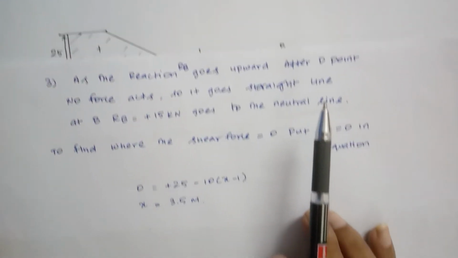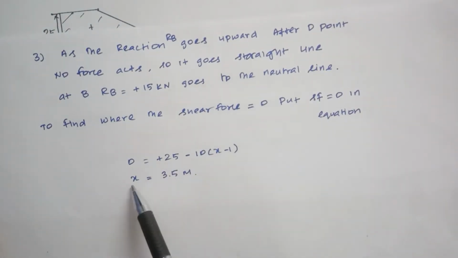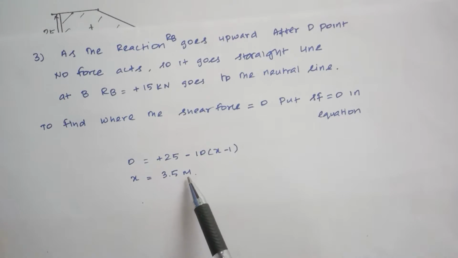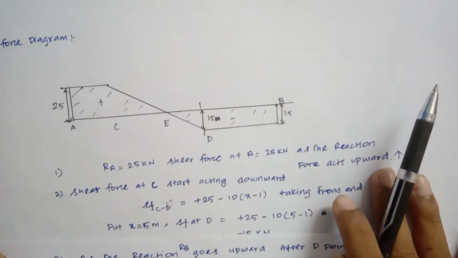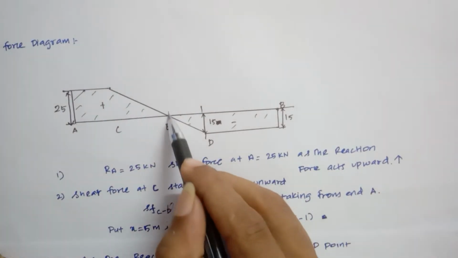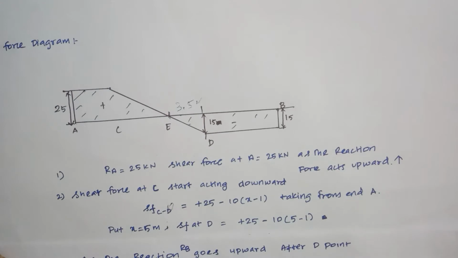Put shear force equal to 0, then we get 0 equals plus 25 minus 10 (x minus 1). We get x equal to 3.5 meter. This is the distance where the shear force is 0.